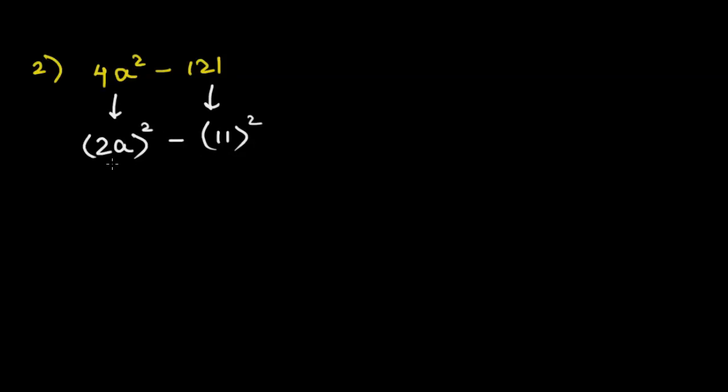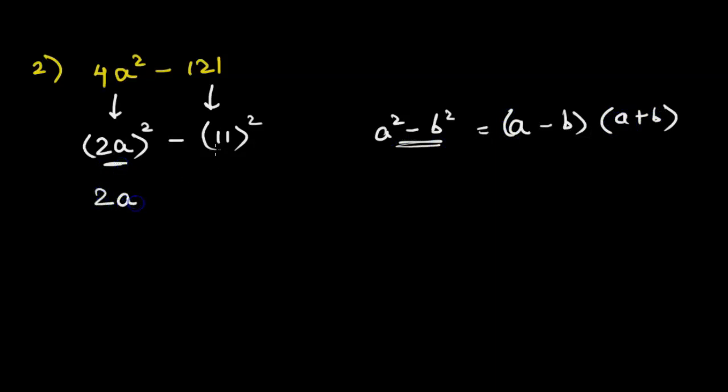First term is a perfect square of something. Second term is a perfect square of something. So we can apply the formula a square minus b square to it. And the result in factored form that we get from this formula is a minus b, a plus b. A is 2a here. B is 11, so it's 2a minus 11, 2a plus 11.